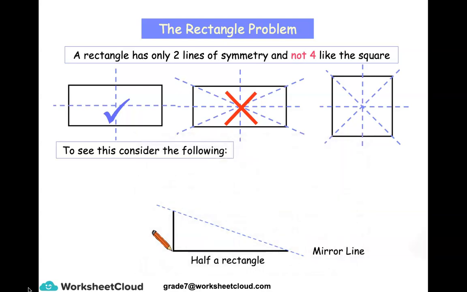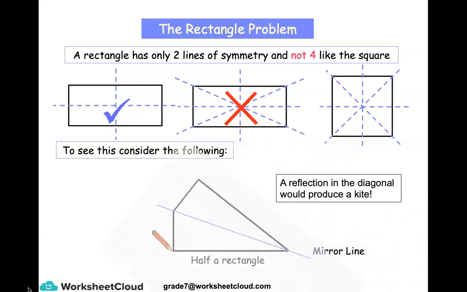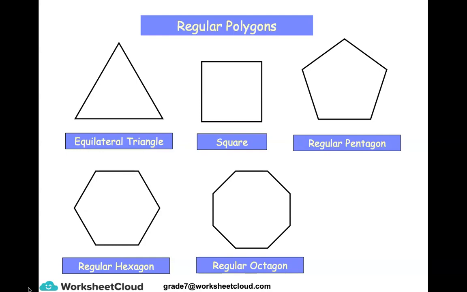You'll see that it does not fit perfectly on top of the original half of the rectangle. So that's the reason a rectangle does not have 4 lines of symmetry and only has 2, a vertical and horizontal.